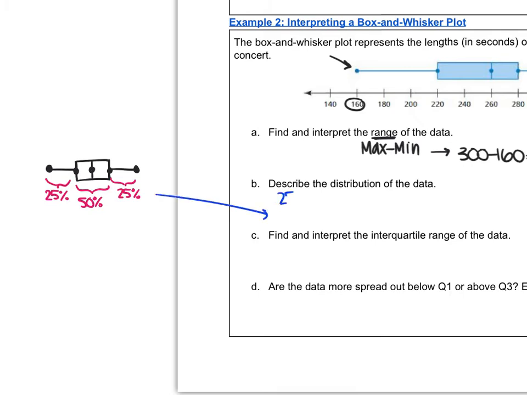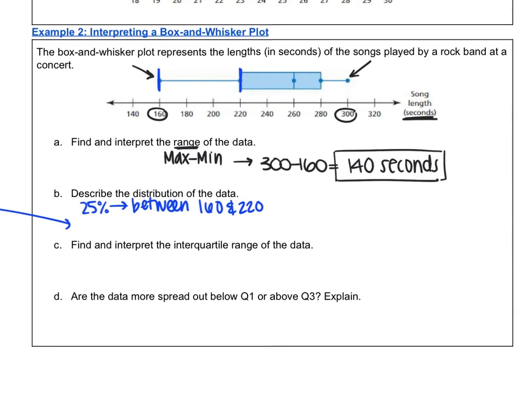You're going to tell me that 25% of the data is in the lower half, and that's this part between 160 and 220. So 25% is between 160 and 220. 50% of the data is in the box, so that's between 220 and 280.